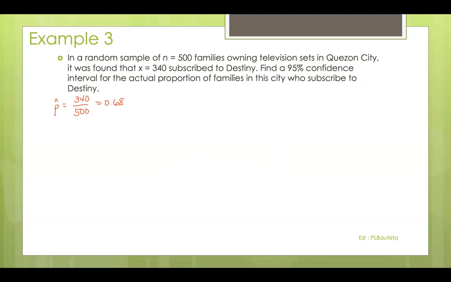Let's now try to fill in all of the missing values in our formula. We have P hat equal to 0.68. Q hat will just be the complement of P hat, so that will just be 0.32. Also, we have the sample size equal to 500.